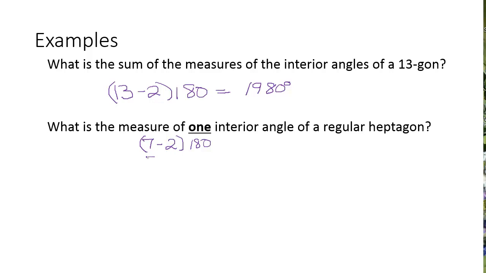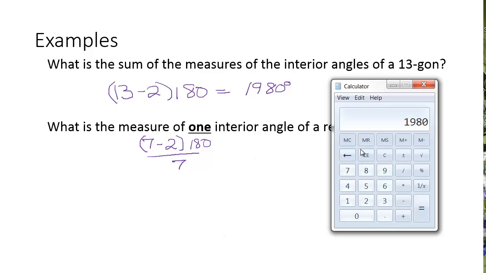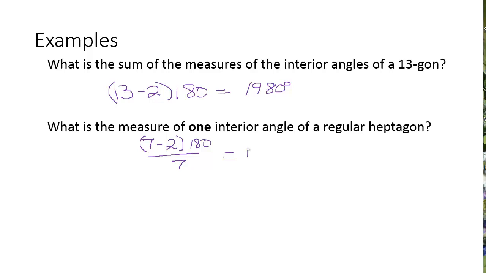And then we need to divide that evenly by the 7 different angles. So 7 minus 2 is 5. 5 times 180 is 900. We divide that by 7 and we get 128.57 degrees for each interior angle.